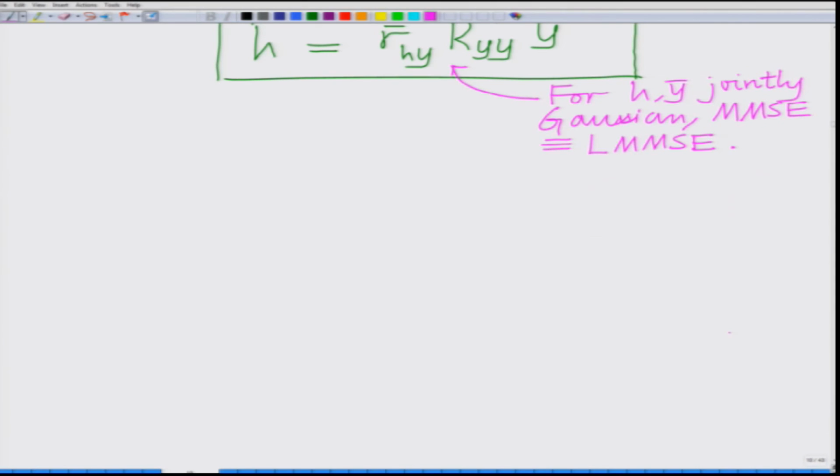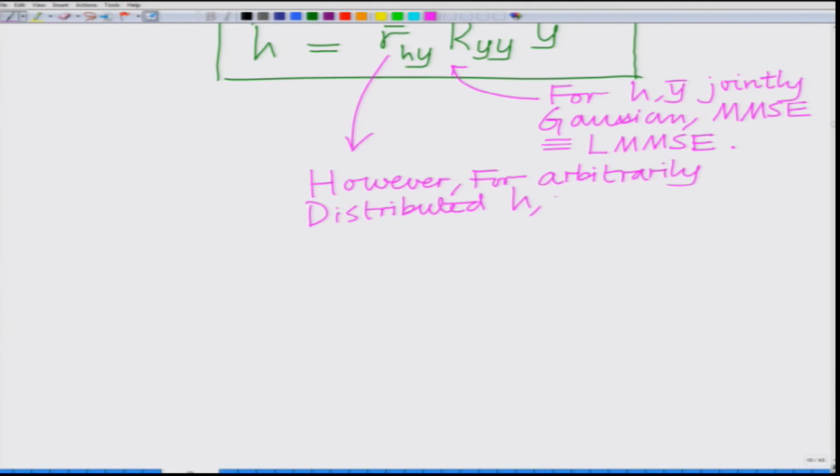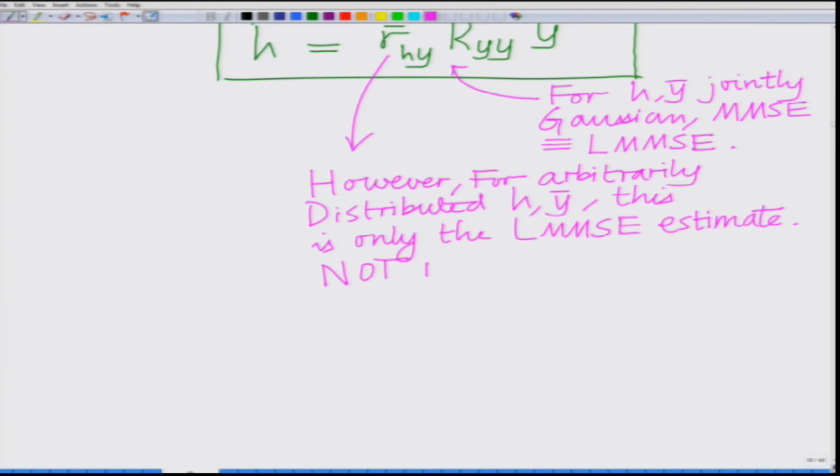However, for arbitrarily distributed h comma y bar, this is only the LMMSE estimate, in fact generally this will not be the MMSE estimate.